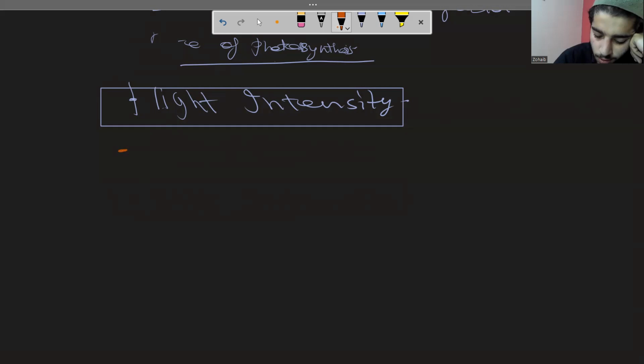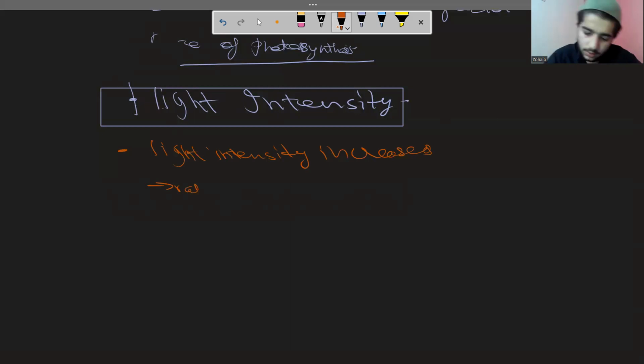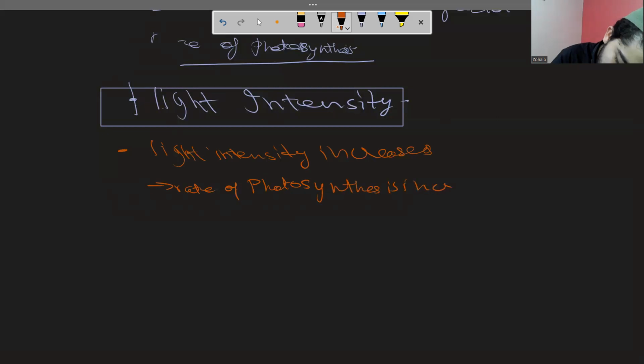So the first thing is that when the light intensity increases, the rate of photosynthesis increases.